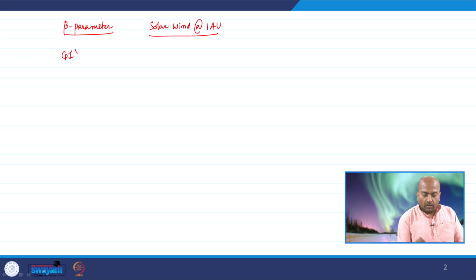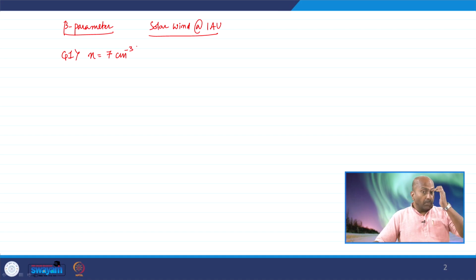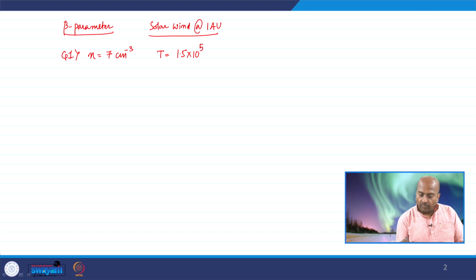question 1, the concentration of plasma is given to be N equals 7 centimeter minus 3. That means there are 7 particles per cc, okay, and the temperature is given to be 1.5 10 to the power of 5 Kelvin, and the magnetic field is 5 nano Tesla, right.